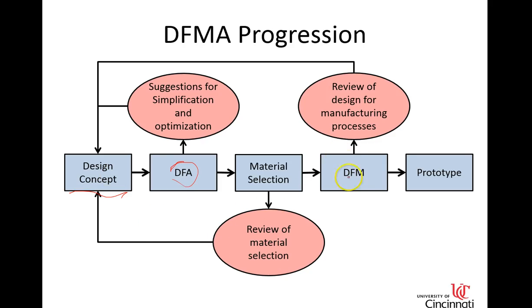Then you go into design for manufacture, where you're reviewing the manufacturing processes themselves. Once you've come up with your materials, you've kind of restricted yourself, but you're trying to consider, is there anything you can still change at this point in the DFMA process before you commit. And now you finally get to the prototype.